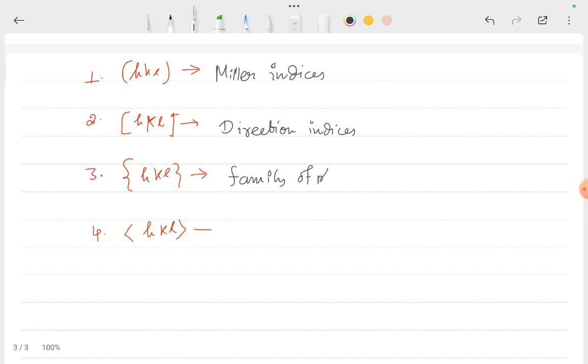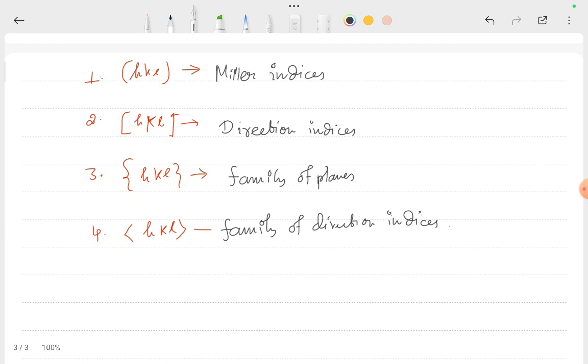The fourth point is called family of direction indices. So the first point we already know. The second point, direction indices, we do not know. And the third and fourth points we also don't know, right?